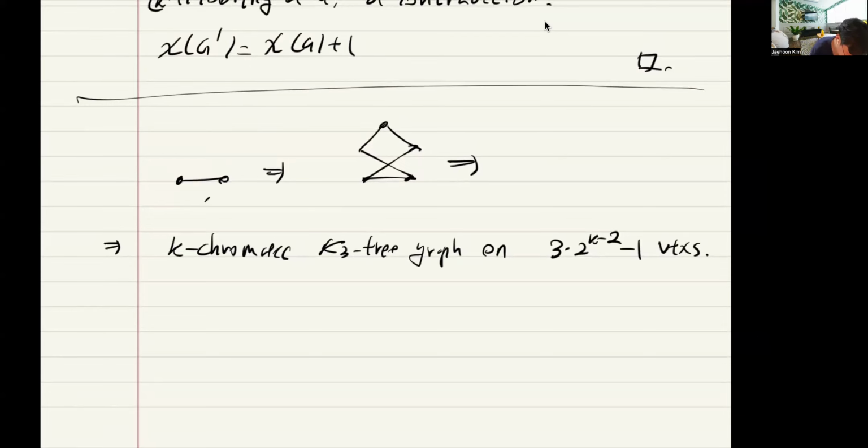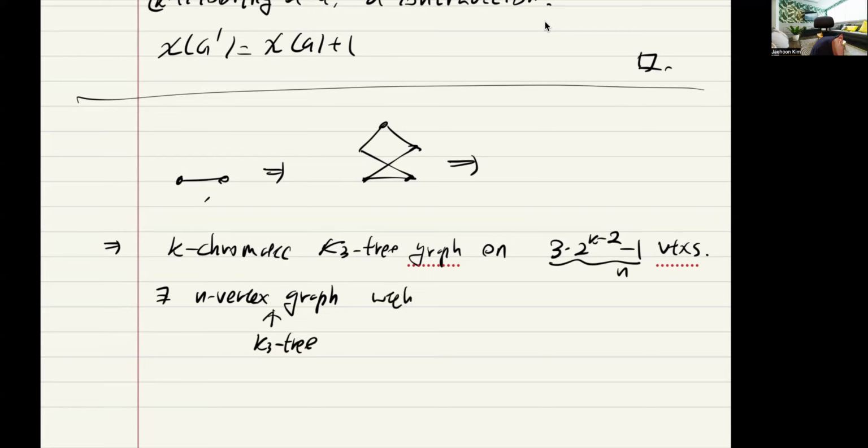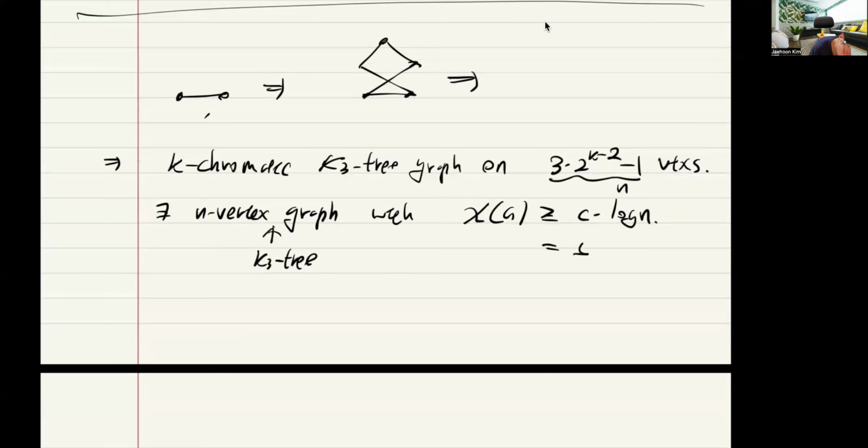So in other words, there exists an n vertex triangle free graph with chromatic number at least some constant times log n. We can write that as omega of log n.